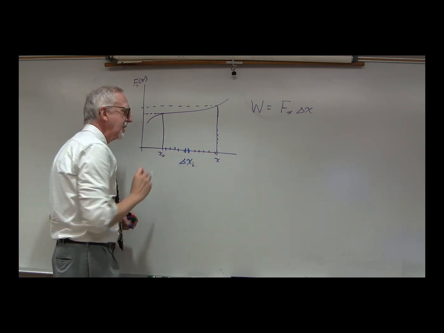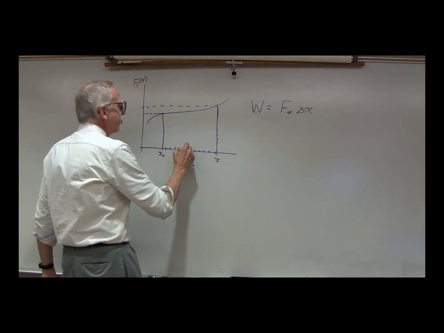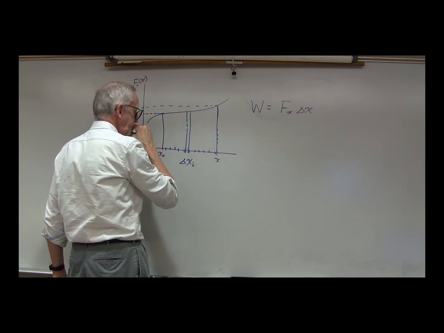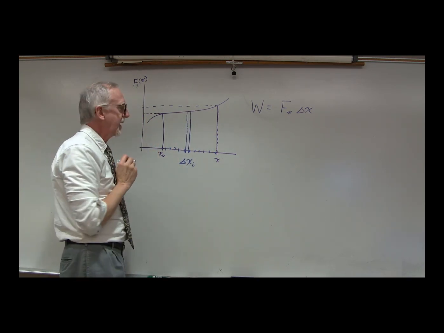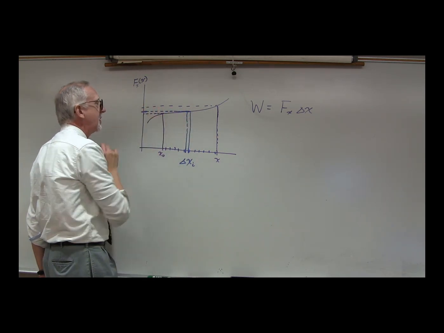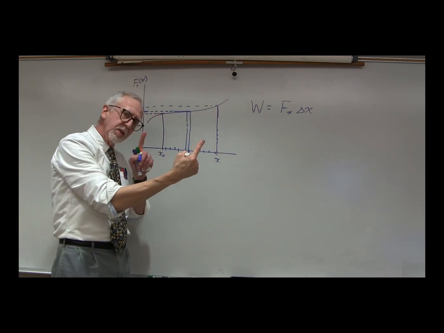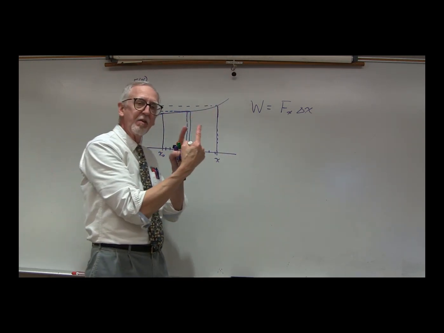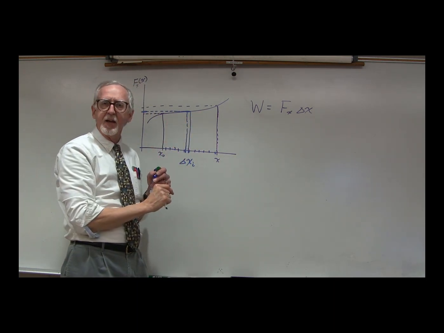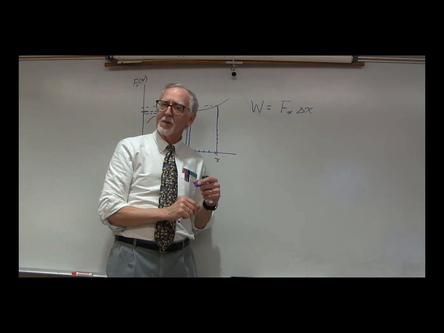We'll have as many little tiny delta x displacements as we need, so that over this small displacement delta x, we'll assume that the force is basically constant. If we have a very rapidly changing force, we'll have to divide the delta x into very, very tiny intervals. But if we've got a slowly varying force, maybe we can make it slightly larger displacements.